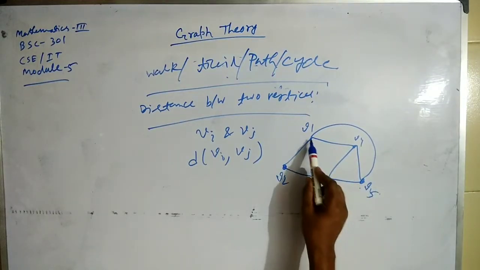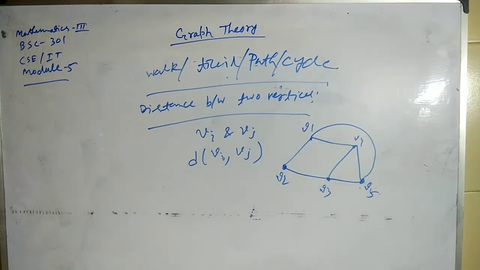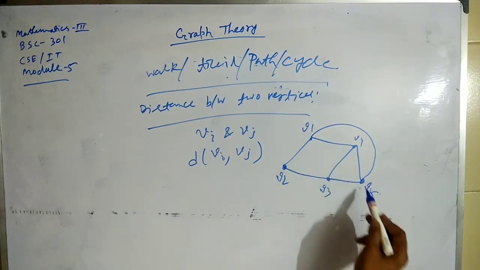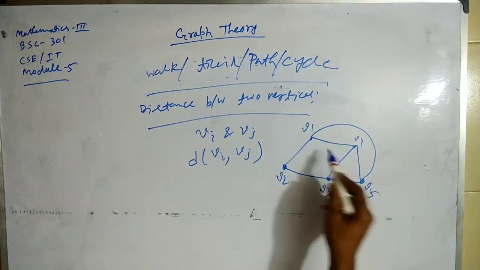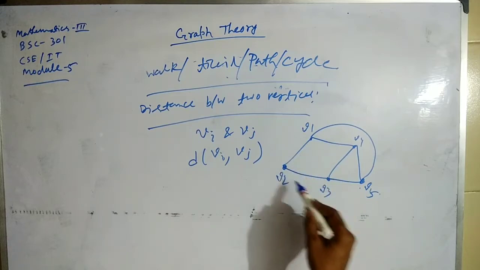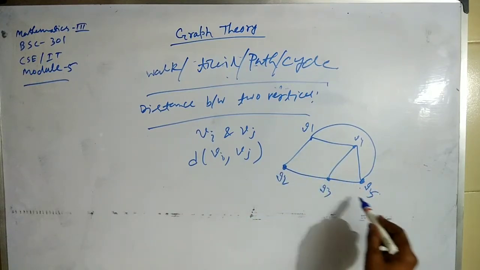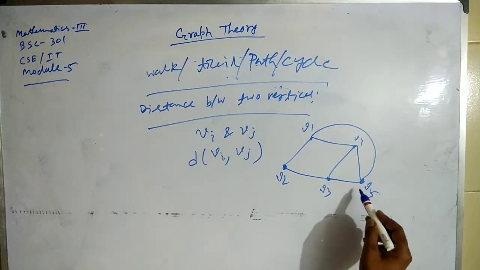If we take the path V1, V4, V5, what is the length of a path? Length of a path means the number of edges present in that path. In V1, V4, V5 there are two edges, so the length of this path will be 2. If you take the path V1, V2, V3, V5, there are 3 edges, so the length will be 3.